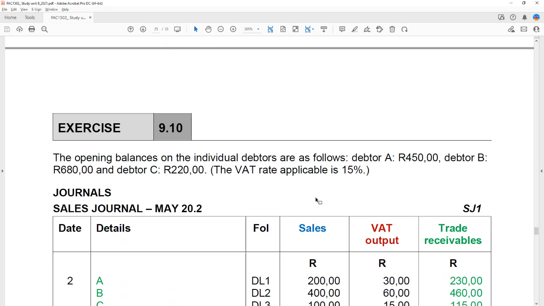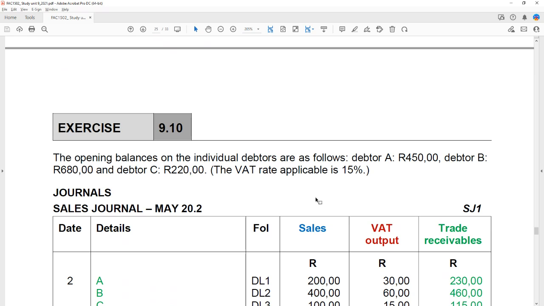Now remember, all these amounts are VAT inclusive, because when you record the transaction, your sales, when they buy on credit from you, you will debit your debtor with the VAT inclusive amount.